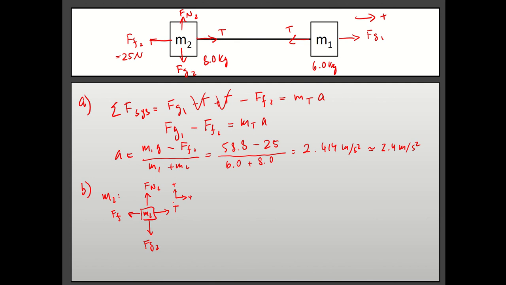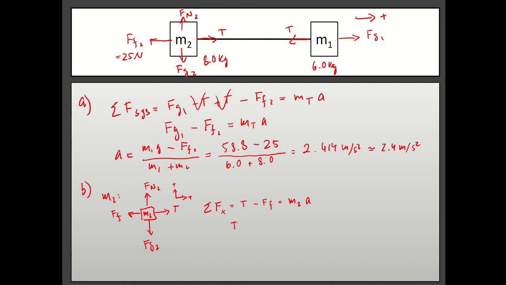Now we do care about tension, so in this case we care about the horizontal direction. So we're going to write the F net, let's call this x direction. So we're going to have our tension minus the friction force equals m2 times the acceleration of the system that we found, 2.4.